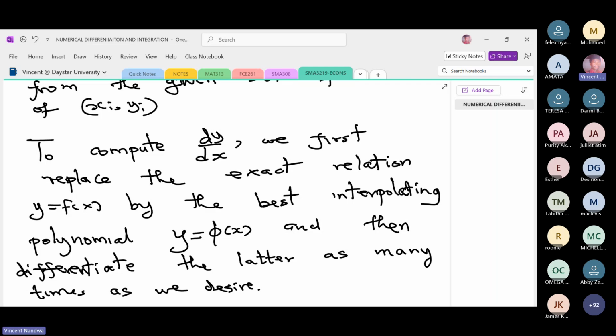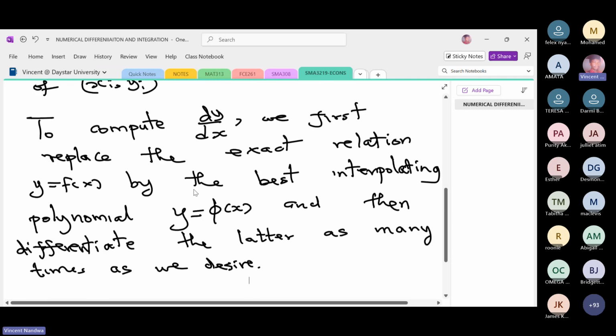So you have Newton forward formula. Any other? Lagrange. Lagrange interpolation, correct. Any other? Inverse. Yes, there is inverse Lagrange interpolation when you are finding x given y.